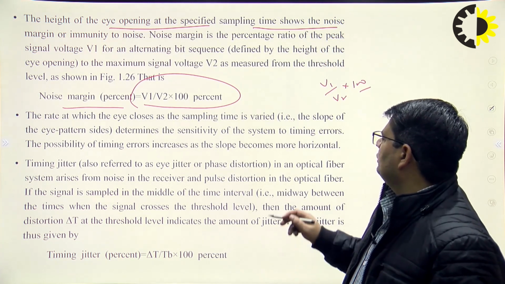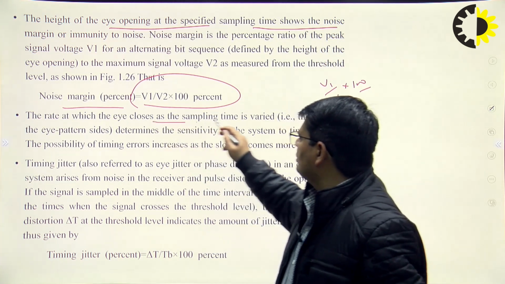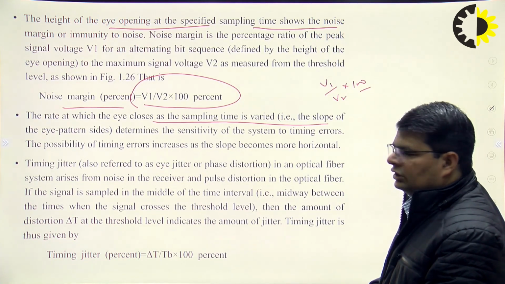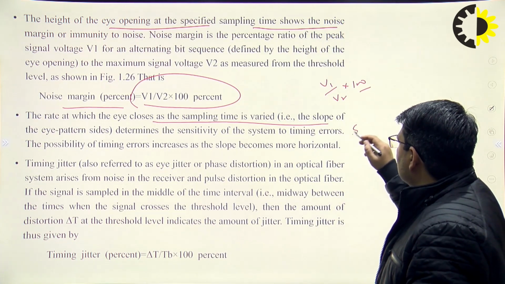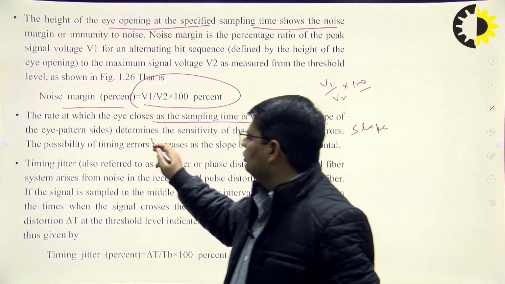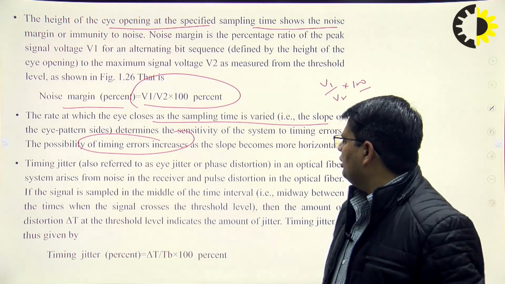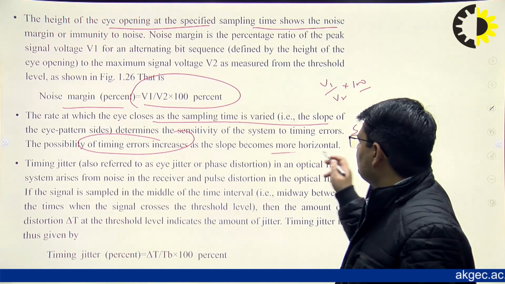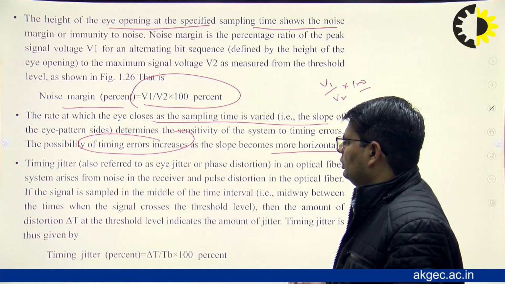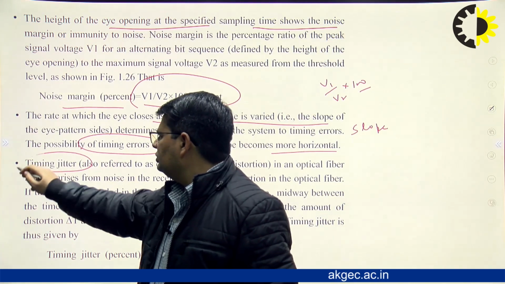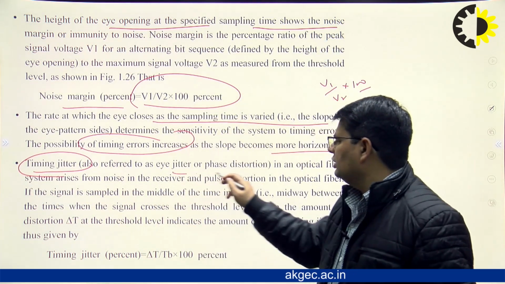Then the rate at which the eye gets closed, that is the slope. Slope is explaining the possibility of timing error. Timing error increases as the slope becomes more and more horizontal. Another feature that we have discussed was timing jitter, also known as the eye jitter.